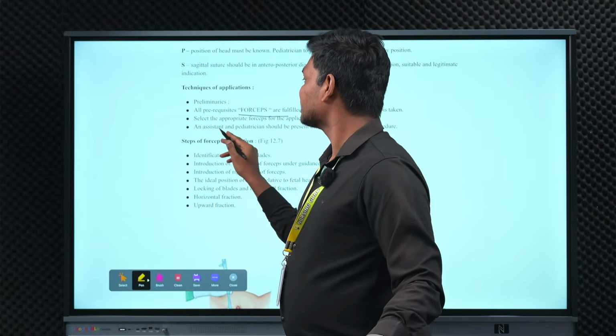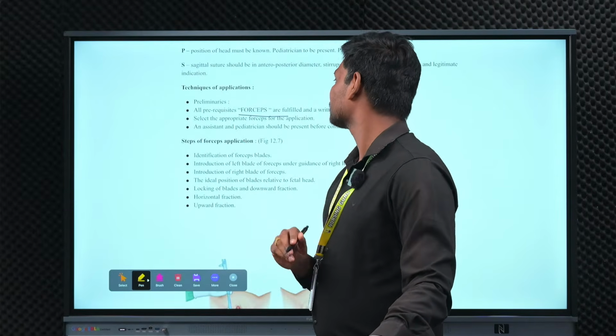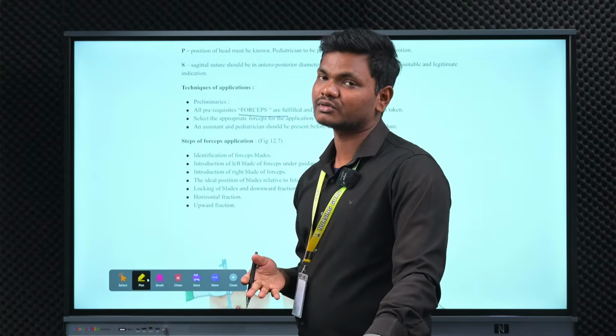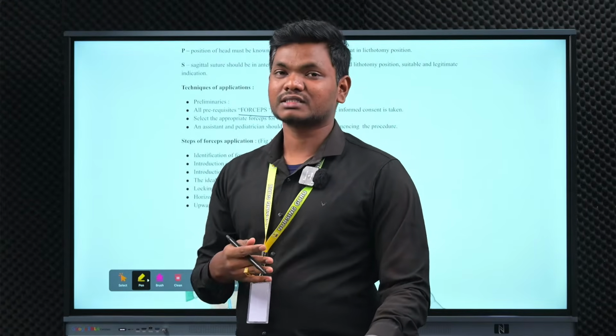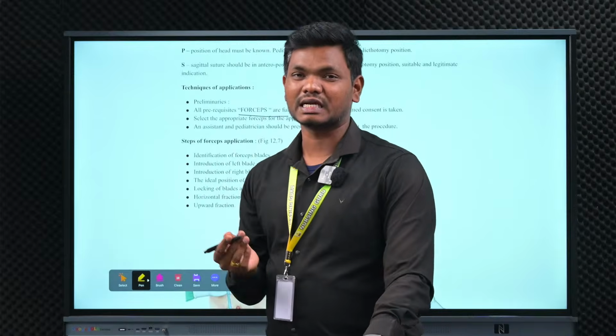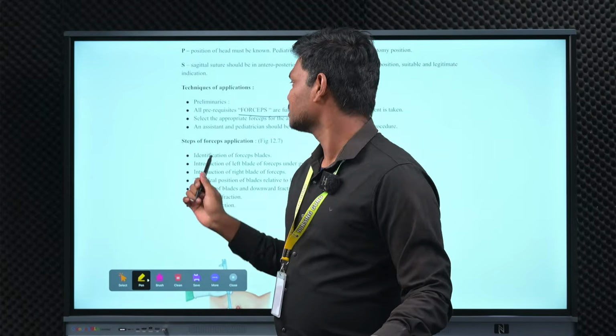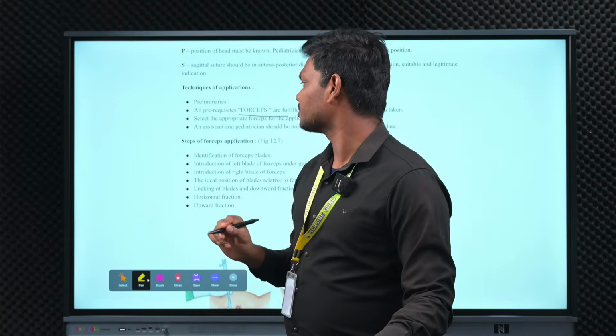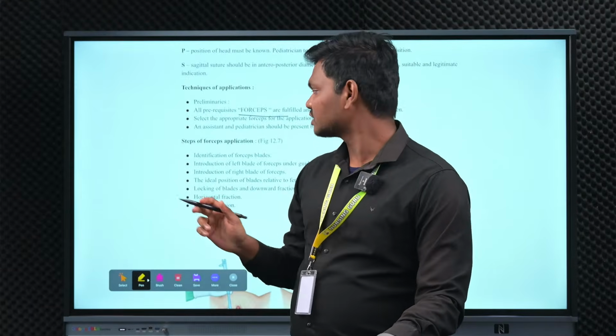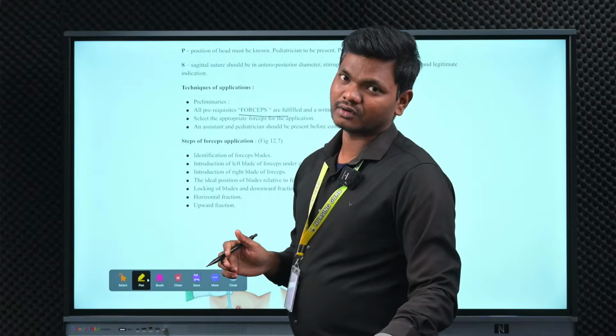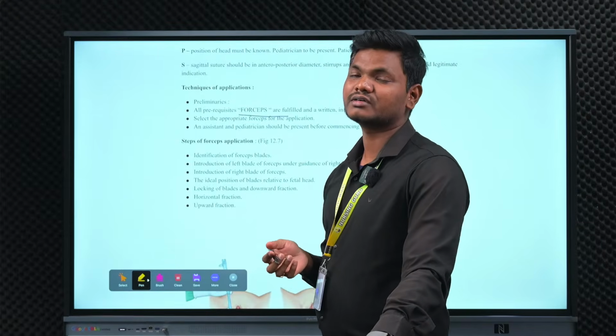Then an assistant and a pediatrician should be present before commencing the procedure. So you should have the assistants and the pediatrician when we are going to start the forceps delivery. Then steps for forceps application. First one is identification of the forceps blade.